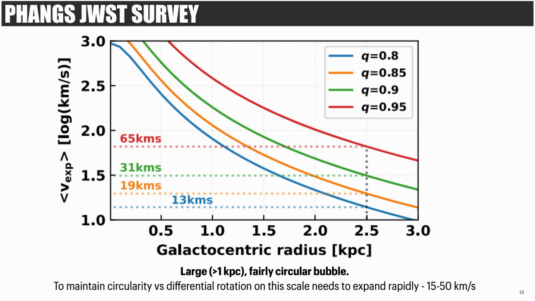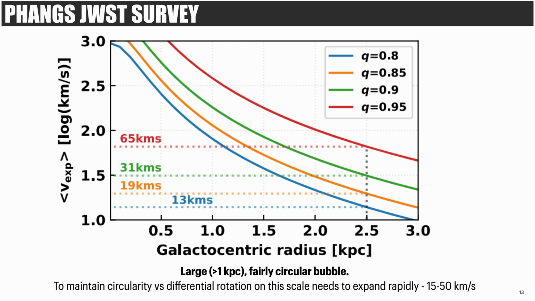And again, we find in the range of around 20 kilometers per second expansion speed is required to drive the expansion of the bubble before it would become extremely elongated on the time scale of a few tens of megayears, which we expect the age of the bubble to be, given those young clusters associated with the bubble.